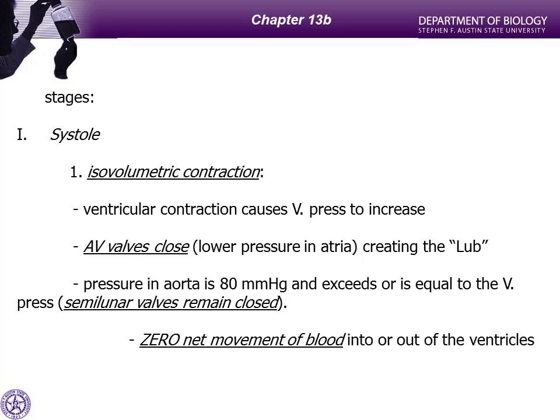What's happening is you have the same amount of blood in the ventricles. But you're compressing that quantity of blood, so you're increasing the pressure. But you haven't put so much pressure on the blood that the blood moves. So this is the very beginning of contraction.